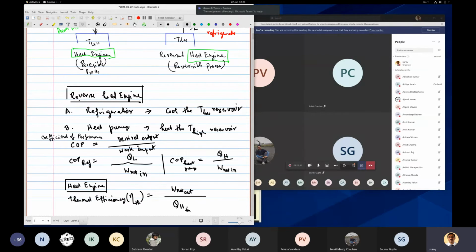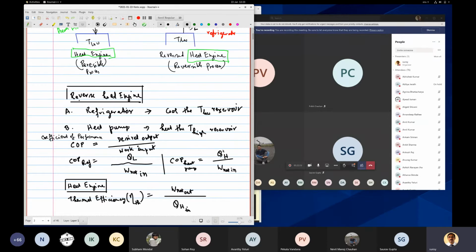So the COP of a refrigerator is QL, because QL is the objective, divided by W net in. While the coefficient of performance of a heat pump is QH divided by W net in, because you are trying to heat up the high temperature space.